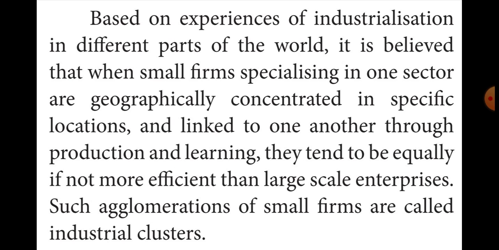In the same paragraph, one more question you form: What is basic goods industries? The answer is in the same paragraph, fifth line, middle: Industries that produce raw materials for other industries such as cement and steel.